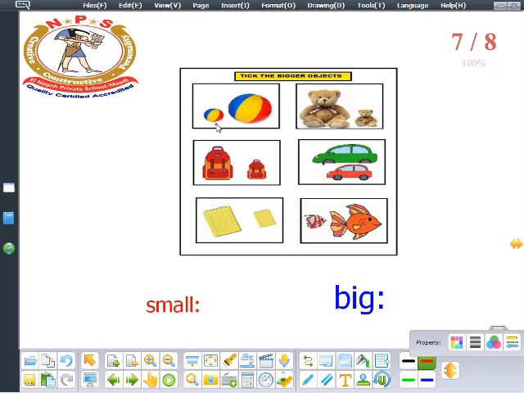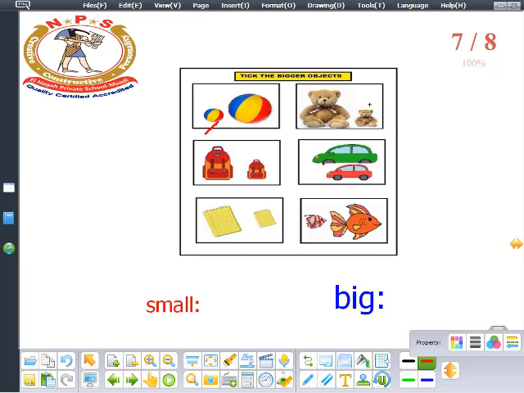This ball is small or big? Small, so make it with red. What about the next ball? Is it small or big? It's big for sure. Well, what about the teddy bear? Is it big or small? It's big, so it's with blue.